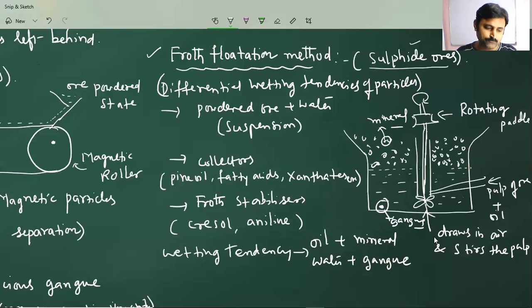So the froth is skimmed off and dried to recover ore particles. This is the actual idea behind froth flotation. So we can separate the mineral particles from the gangue particles, and we can concentrate the mineral ore, particularly sulfide ores.